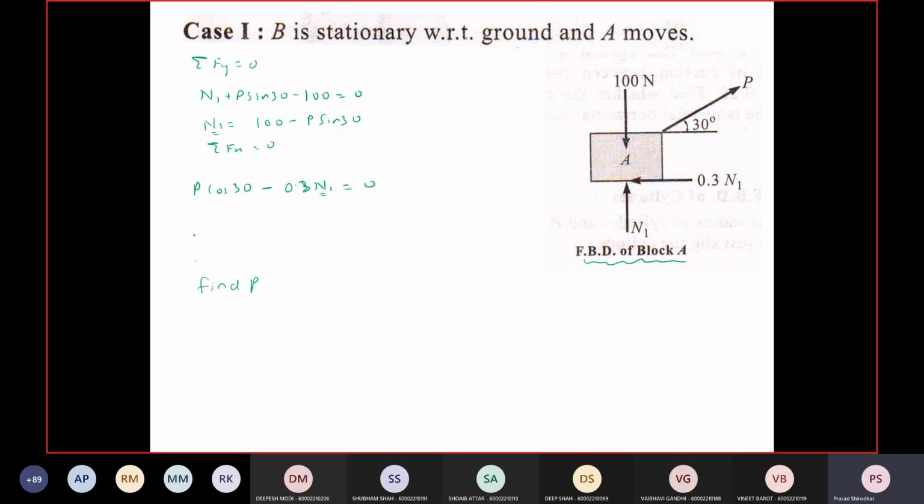Alright, so let me write the equation: P cos 30 minus 0.3 into (100 minus P sine 30) is equal to 0. So here we are going to consider the first case where B is stationary with respect to ground and A moves. Only A is moving and B is stationary.